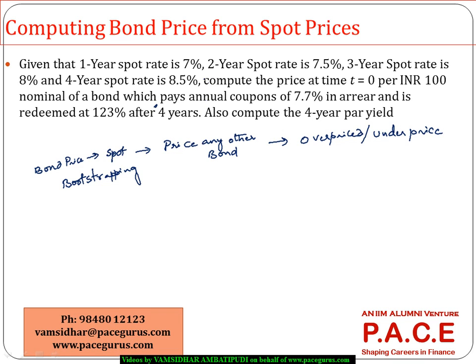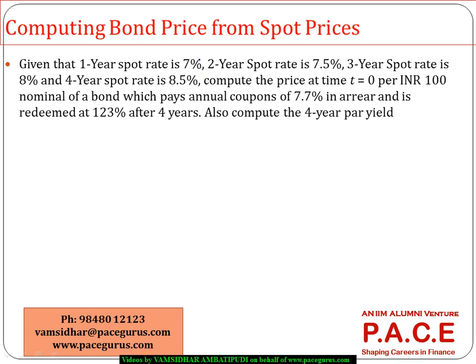So just getting into it, we have a 1 year spot rate, a 2 year spot rate, 3 year spot rate, and 4 years. We have also understood that the clear definition of the spot rate is that particular rate when I am investing something today and I am receiving everything at the end of that period.